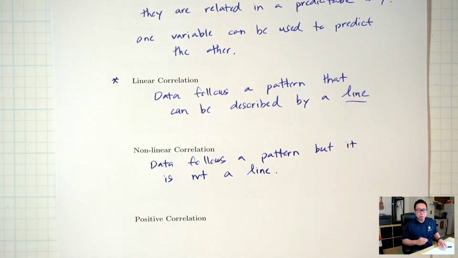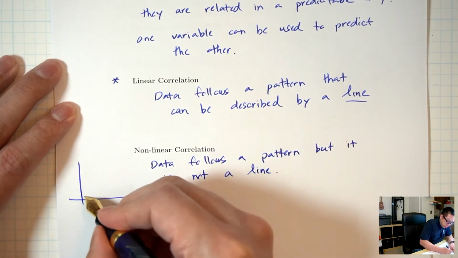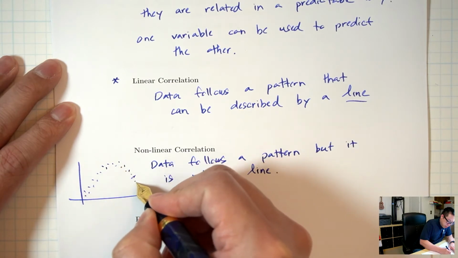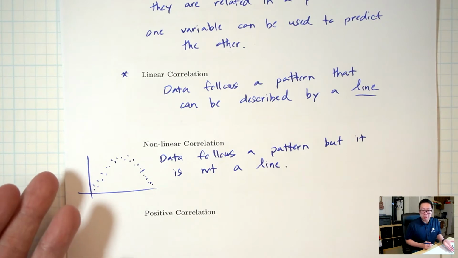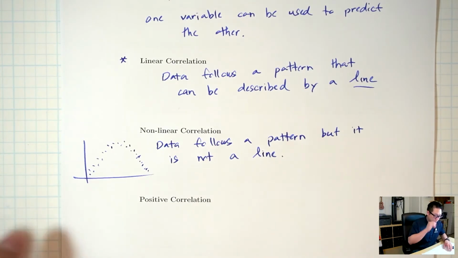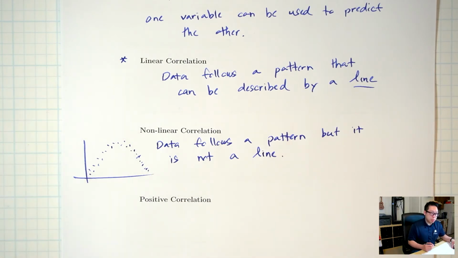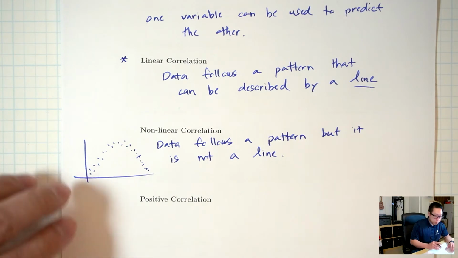And let me show you an example of a nonlinear correlation. Okay, data follows a pattern, but that's not a line. For those of you who remember from algebra, that's a parabola, which is the graph of a quadratic equation. So this would be called a quadratic correlation.